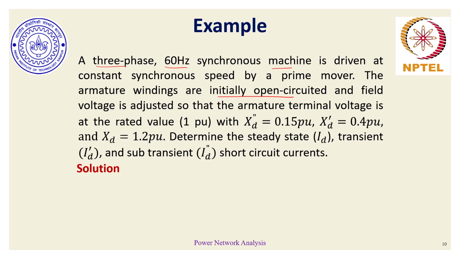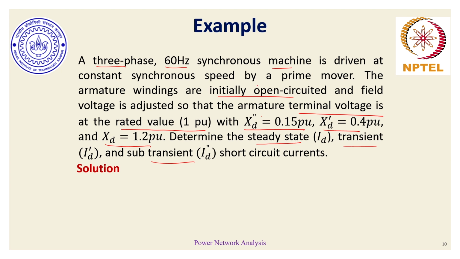And the field voltage is so adjusted that the terminal voltage of the synchronous generator is equal to 1 per unit. The voltage rating is not given, but the machine reactances under the subtransient, transient and steady state periods are given. In case a short circuit fault occurs at the terminal of the machine, we have to find the corresponding steady state, transient and subtransient short circuit currents.